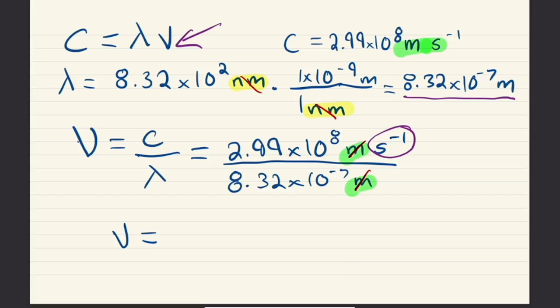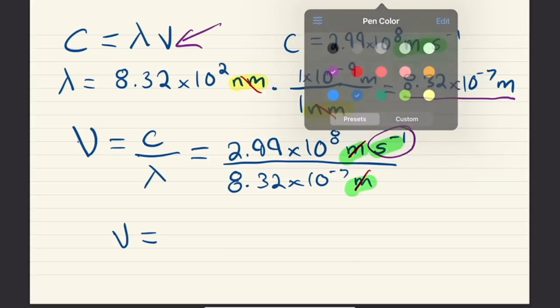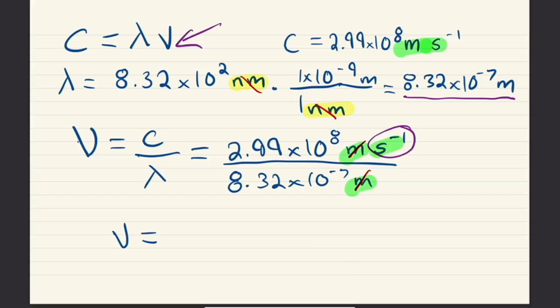We have left ourselves with the unit of interest, which is frequency, seconds to the negative 1. After inputting this into the calculator, you should recognize at this point that you will have 3 significant figures, and you should have a very large magnitude for the frequency because of the size of the wavelength.